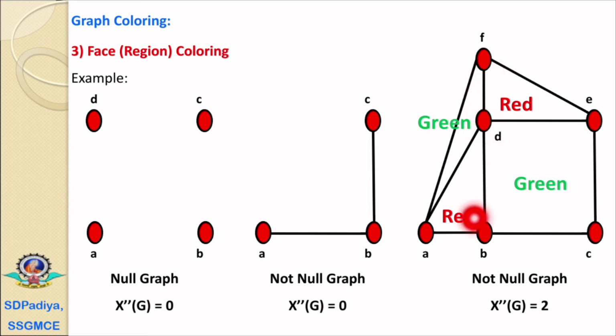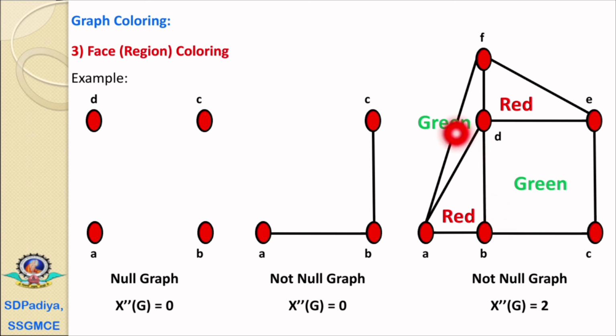Now, we start from the first triangle, A to B, B to D and D to A, and color it red. This square and this triangle are adjacent to the red one, because the first shares the edge B to D and the second shares the edge A to D. Therefore, the triangle A to D, D to F and F to A, and the square B to C, C to E, E to D and D to B cannot have the red color.